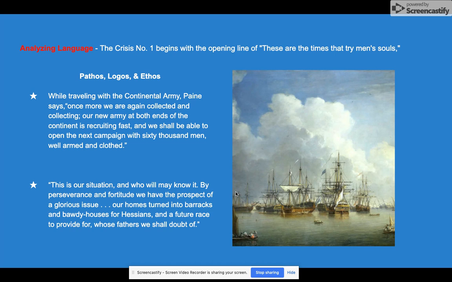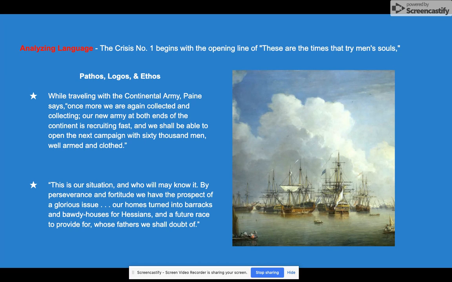Here is an example of when you get to number 3 on the discussion, what kind of quote you might want to integrate in. These are from the end of the American Crisis, number 1. The first line of the American Crisis, number 1, begins with the opening line, "These are times that try men's souls." So when you're analyzing language, it's good to think about, is this an emotional appeal?